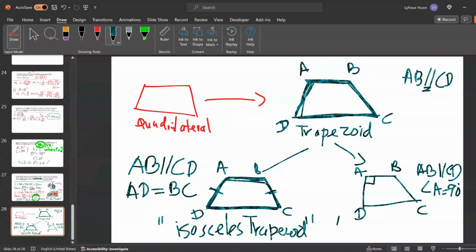So then they name it a right trapezoid. Okay, here we have a quadrilateral discussion.